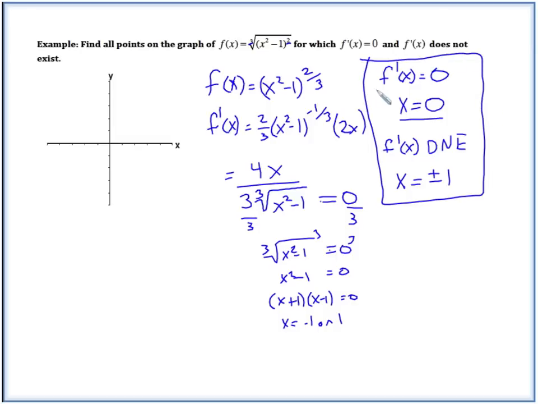Okay, so that's just a little extension of how we can use the derivative. In our graph, if you were to graph this on your graphing calculator, it would look something like this.